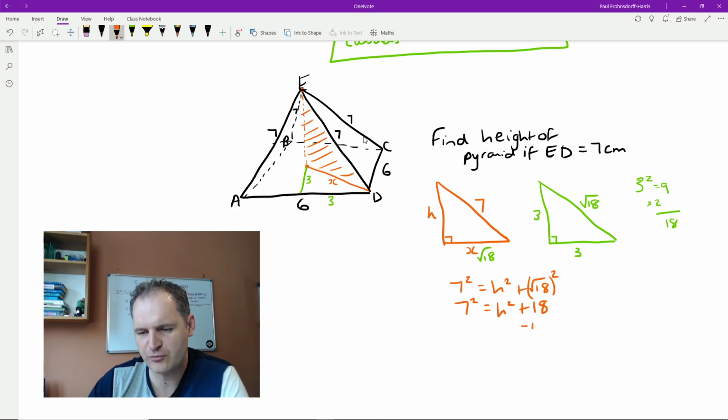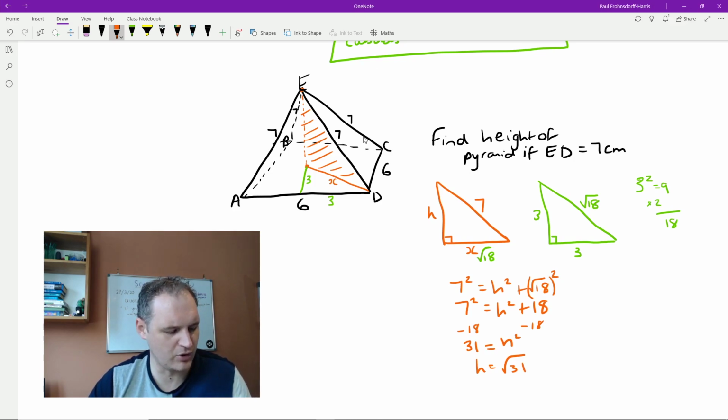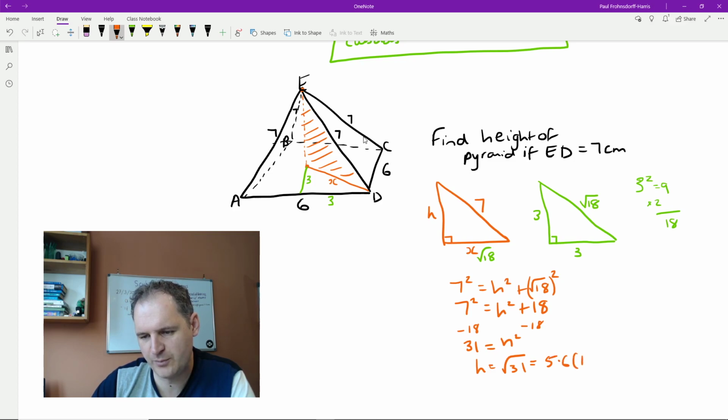And then we subtract 18 from both sides. That's 49 minus 18 is 31, equals h squared. So h will be the root of 31, which is approximately 5.5, but let's just verify exactly what it says it is. 5.6 to 1 dp.